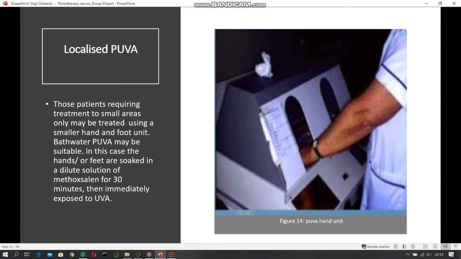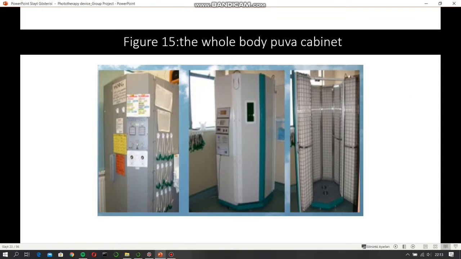In this case, the hands or feet are soaked in a dilute solution of methoxsalen for 30 minutes, then immediately exposed to UVA, ultraviolet A. And there's one unit for the whole body, a cabinet, and the patient goes into it and is exposed to ultraviolet A, and after some months, the treatment can resolve your skin problems.